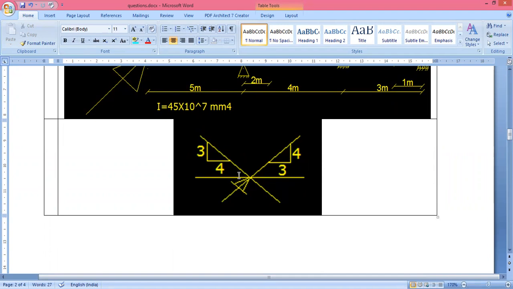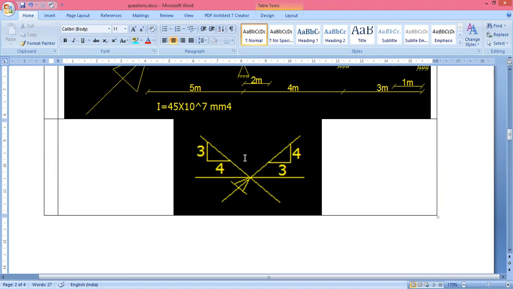So tan inverse of 3/4 will give you this angle. However, we want this angle, which is anti-clockwise.